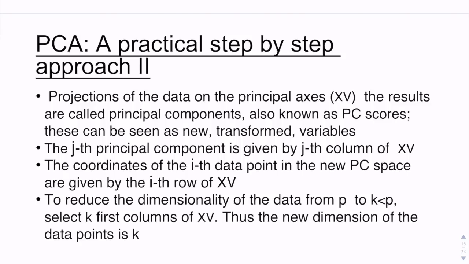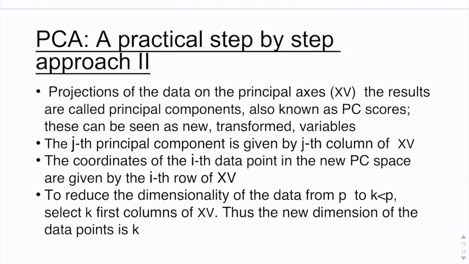That's basically a simple matrix multiplication. If you obtain the eigenvectors, you multiply the eigenvectors by the data. This way you project your data to a new space with new principal axes. After you project them, these are now called the principal components or principal scores.